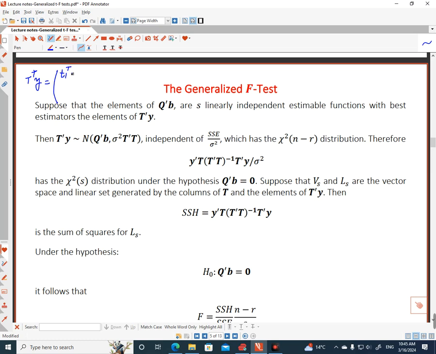This is the first one, t2 prime y up to ts prime y. And also q prime b from the generalized t is changed to capital Q prime b, which again we have s sets for the functions of parameters, Q2 prime b up to Qs prime b. The story is the same. We want to conduct hypothesis testing and construct confidence intervals, but here for the s sets.